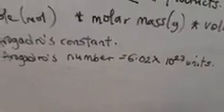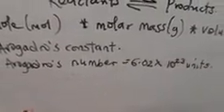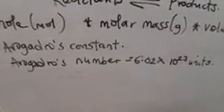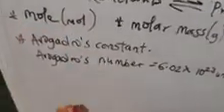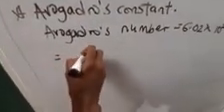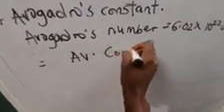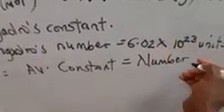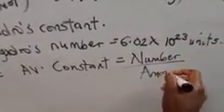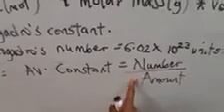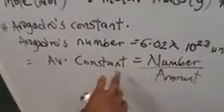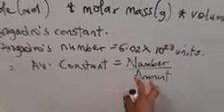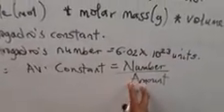So now the formula connecting Avogadro's number and mole amount is this. Avogadro's constant equals the number, which is Avogadro's number, over the amount. This amount is the mole. So this is the formula connecting Avogadro's constant, Avogadro's number, and the amount of substance.